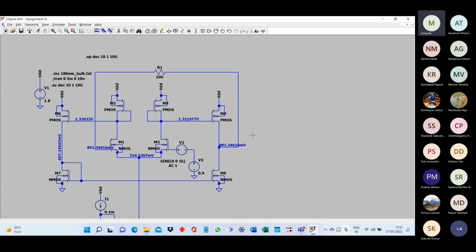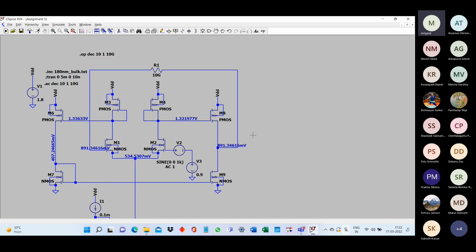Right now, we have not covered the four types of feedback topologies, how to identify the feedback, and how to open the loop. But here, at least you can see that this is a voltage feedback. Output is voltage, that means we are sensing a voltage, and at the input side we are returning a voltage. We are subtracting the feedback voltage from the input because it's a differential amplifier.